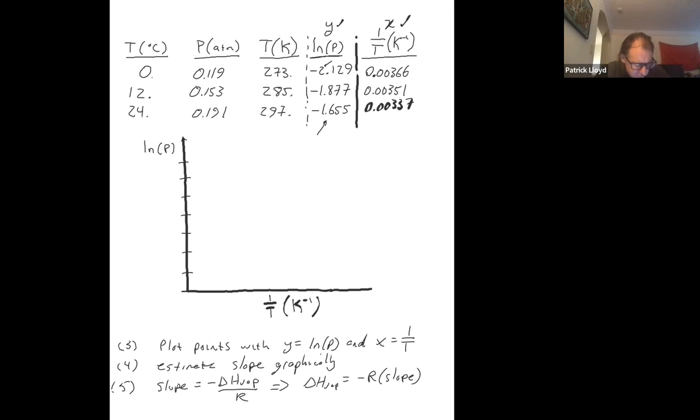So I'm going to make this -2.5, -2.3, -2.1, -1.9, -1.7, -1.5, -1.3. There, that's pretty good.